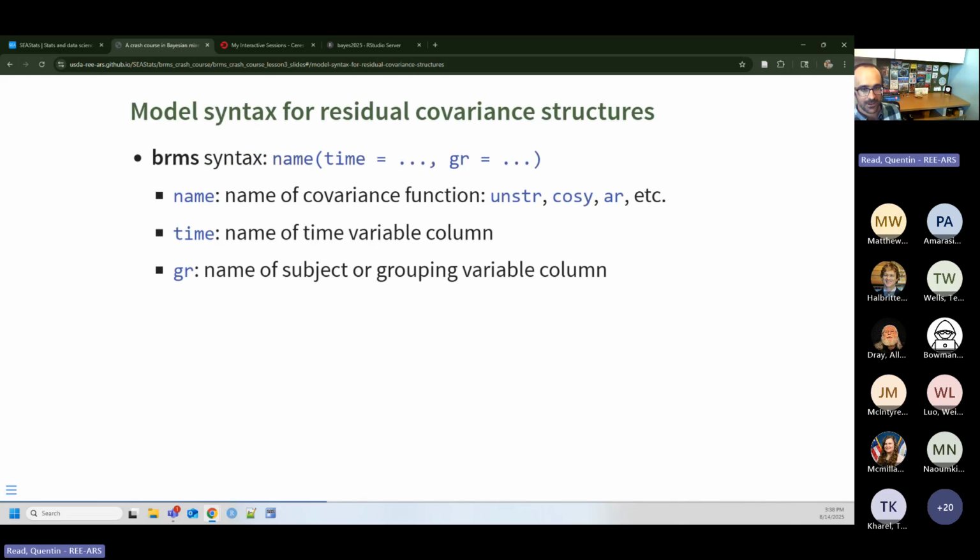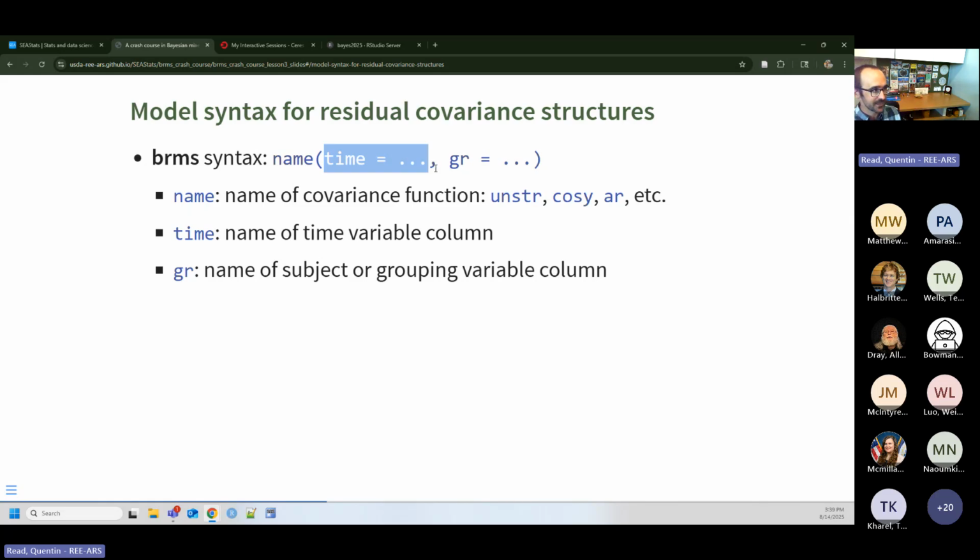Here's how we're going to model the covariance structure in brms. There are different functions for the name of each covariance structure. The unstructured one is called unstr, compound symmetry is cosy, C-O-S-Y, I always like that name. Autoregressive is ar, and it has an argument time, which is the variable that has the time in it.